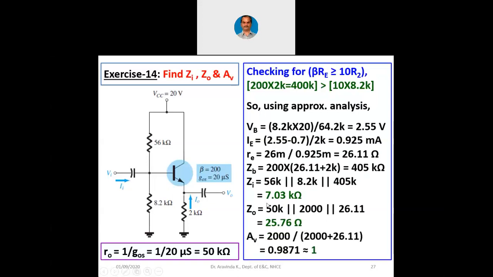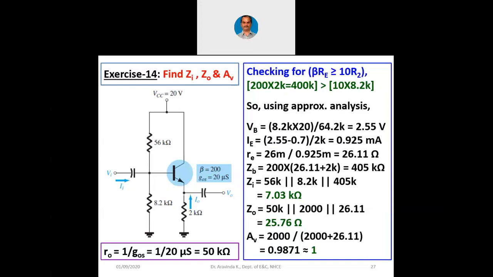Now you can work out your own exercise. Even if you ignore 50K also, there will not be a drastic variation in the value of Z0. You can calculate 2 kilo parallel with 26.11, and then you can calculate 50K parallel with 2 kilo parallel with 26.11. Whenever we have many resistances in parallel, the effective resistance of the parallel combination is less than the smallest resistance in that combination.